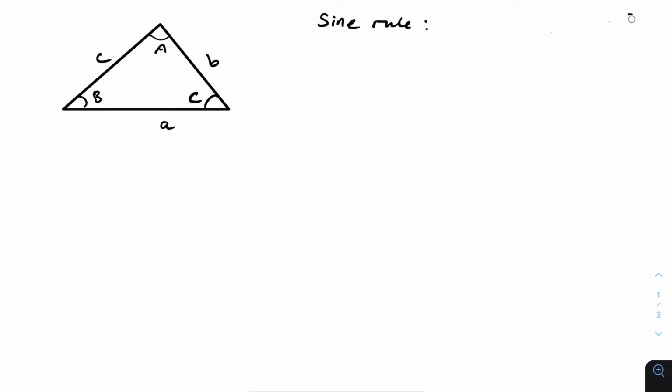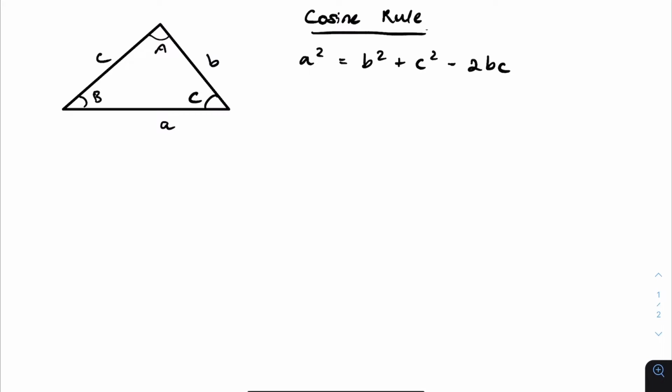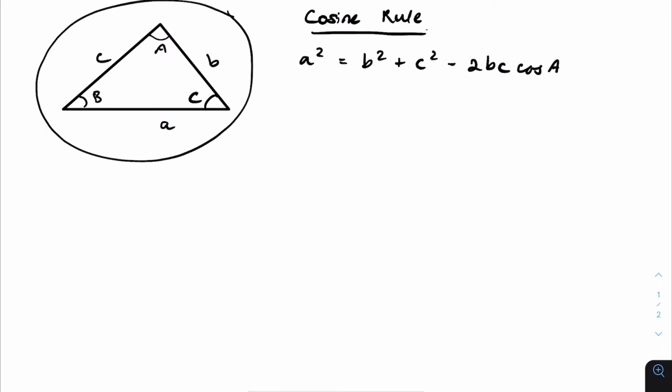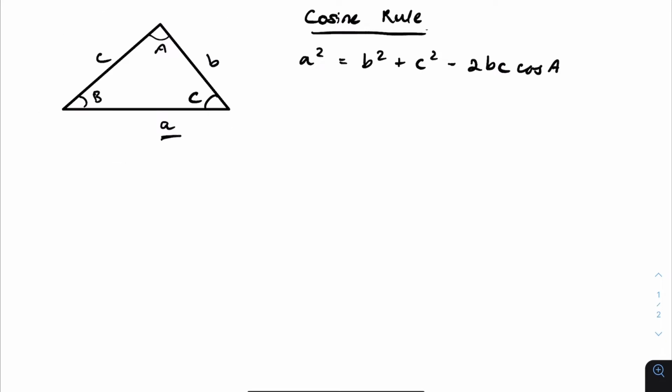But the cosine rule, which is what we're doing today, states that a squared is equal to b squared plus c squared minus 2bc and the cosine of A. So what this means is, if you take these values over here, this side length squared is equal to this side length squared plus this side length squared minus 2 times this times this times the cosine of the remaining angle.